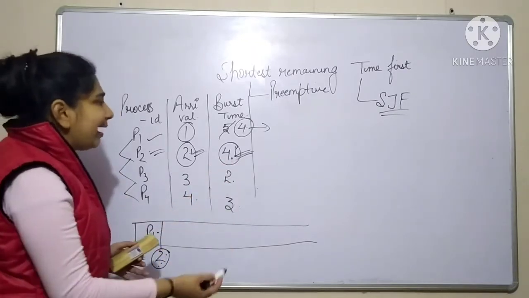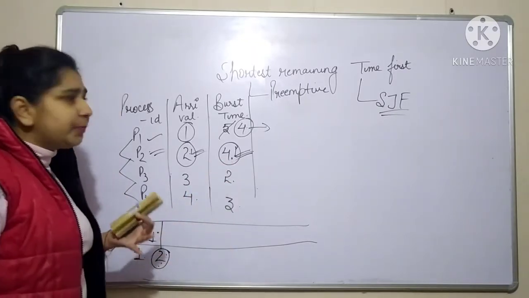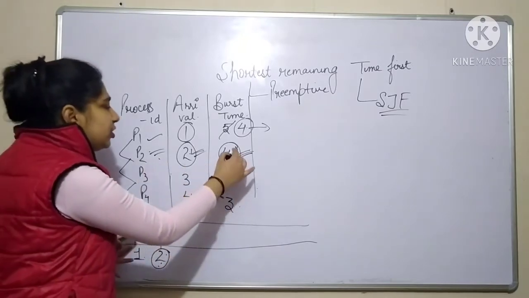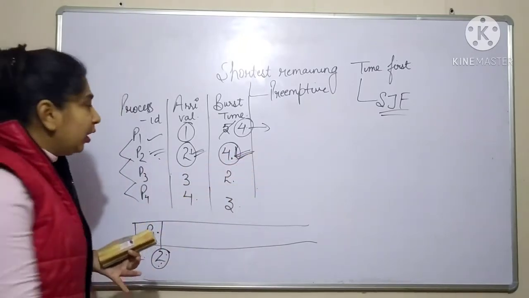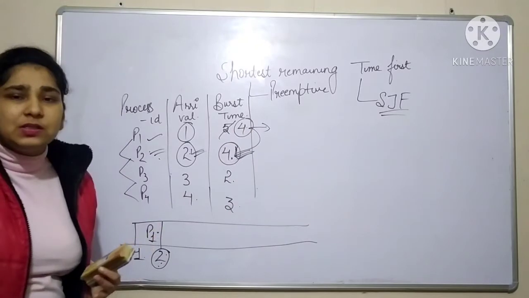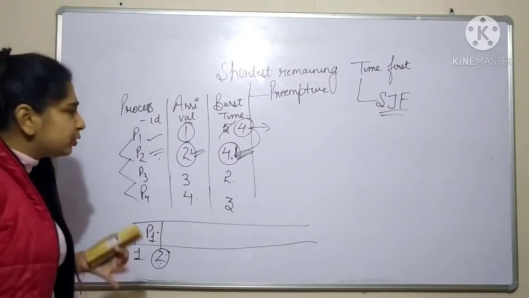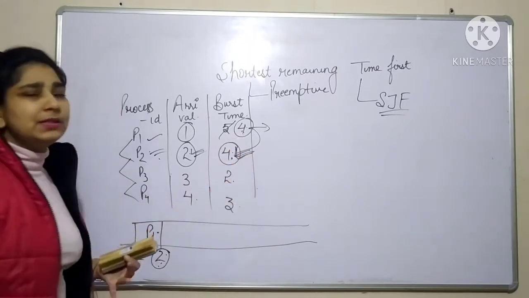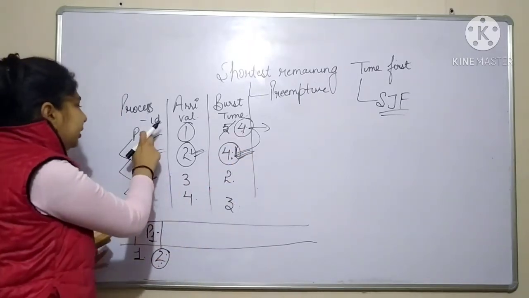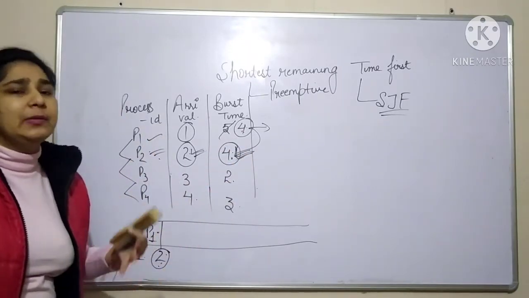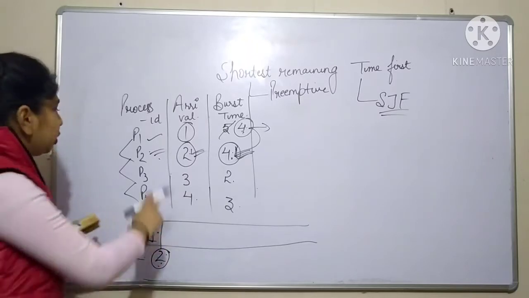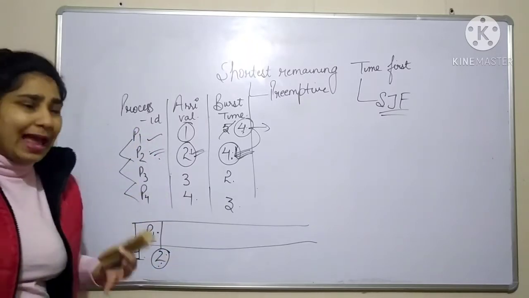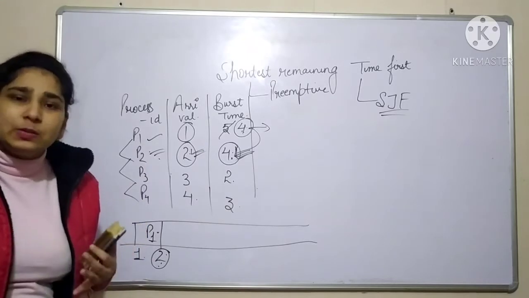So if you look at your currently executing process and the process present in the main memory, both have the same burst time. So you will continue executing your current process. You will keep on executing your process 1.